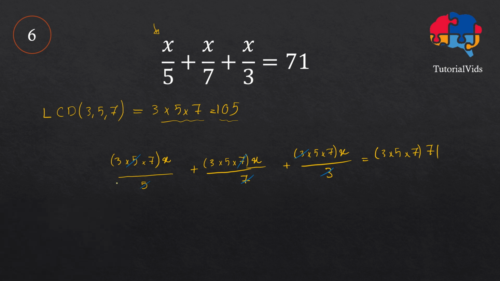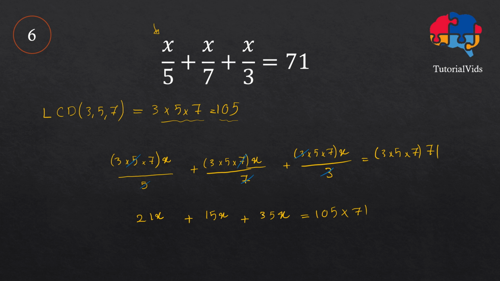That means I can write this term as 3 times 7 times x, 21x, plus 3 times 5 times x, 15x, plus 5 times 7 times x, 35x, equals, here I can use 105, 105 times 71. All right.